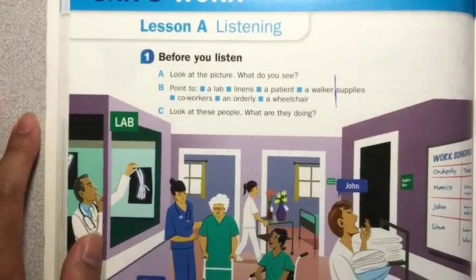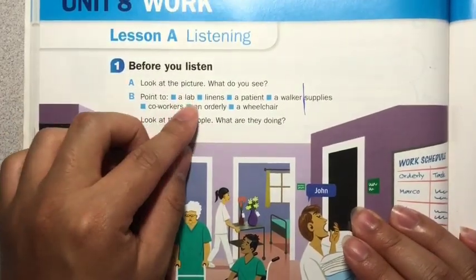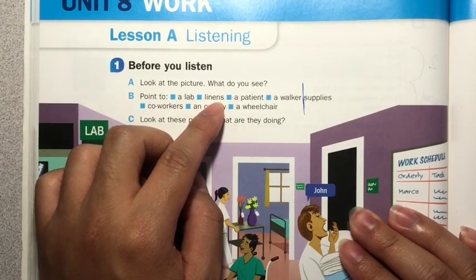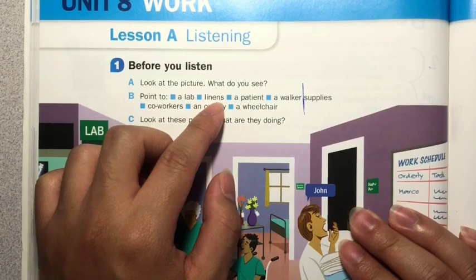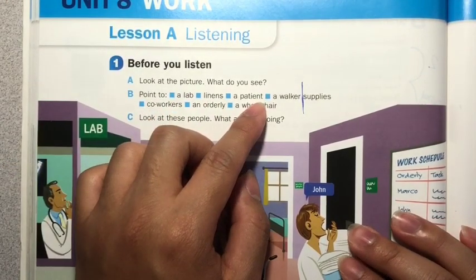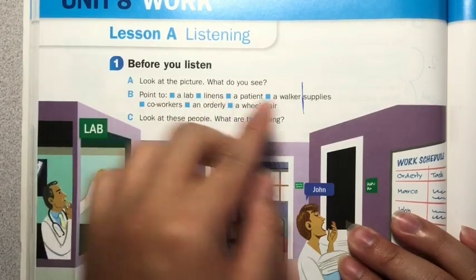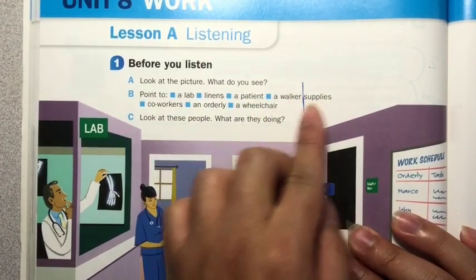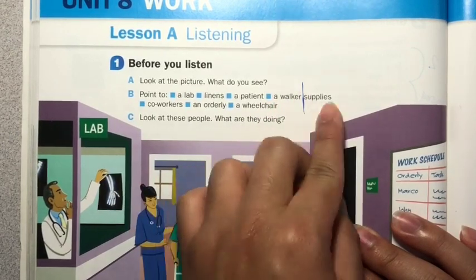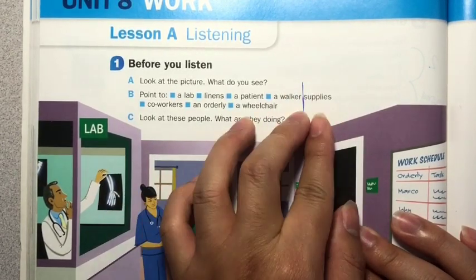So let's look at the vocabulary words. We have a lab, linens. This word is pronounced linen. Patient. A patient. This is actually two different things. We have a walker and supplies. These are different. They're not together, they're separate.